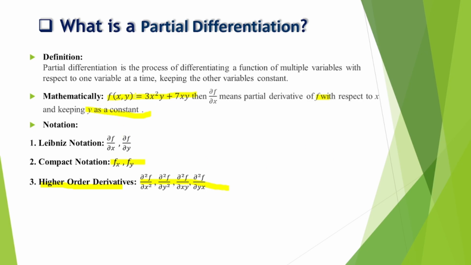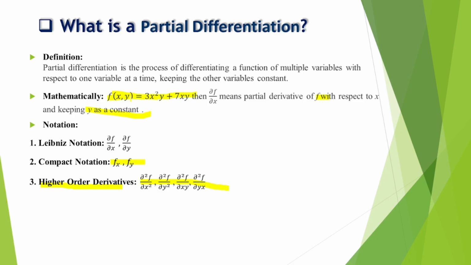Mathematically, if f of x y equals 3x square y plus 7y, then dabba f by dabba x means the partial derivative of f with respect to x, keeping y as a constant. So here dabba f by dabba x is the derivative of 3x square, which is 6x, keeping y as a constant, plus the derivative of 7x, which is 7, and y as it is.